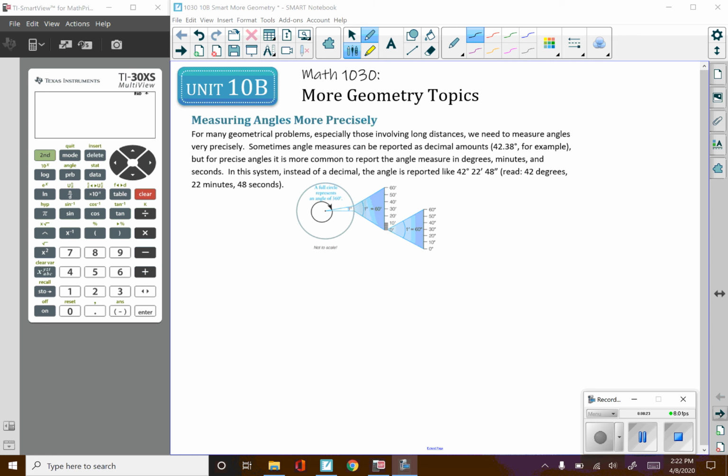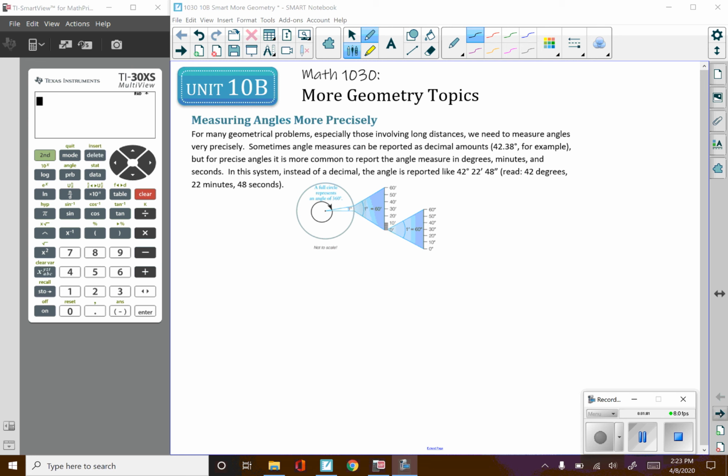Starting with some angle measure stuff, for many geometrical problems, especially those involving long distances, we need to measure angles precisely. Like in physics, when they're measuring the distance between planets or different galaxies or different stars, instead of reporting angle measurements as decimal amounts like 42.38 degrees, it's more common to report angle measurements in degrees, minutes, and seconds.